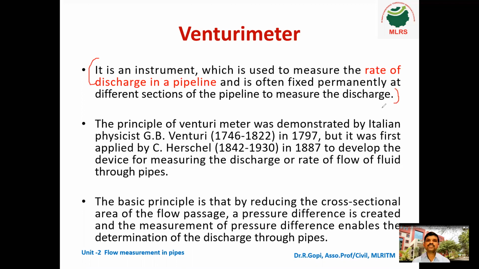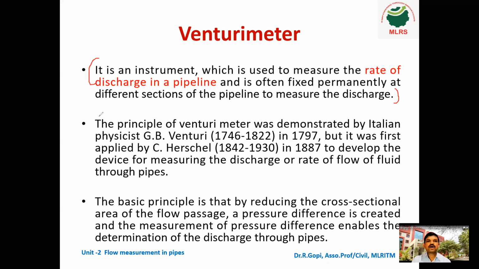It is like a small attachment that we attach anywhere in the pipe. From this we can measure how much water is flowing in that pipe, using a simple calculation.